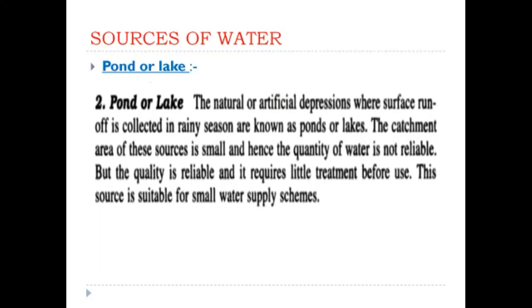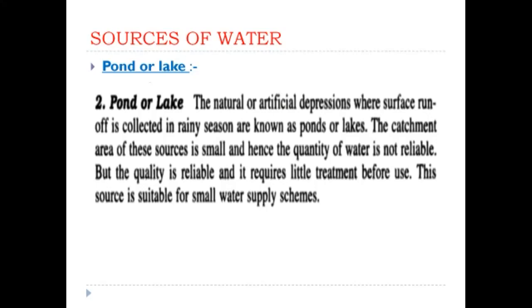Next one, pond or lake. These are also surface sources of water. A natural or artificial depression where surface runoff is collected in the rainy season is known as a pond or lake.